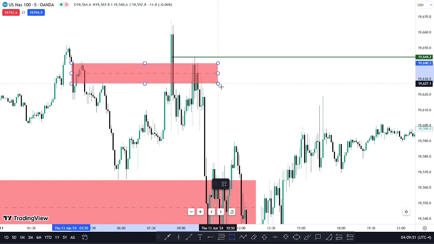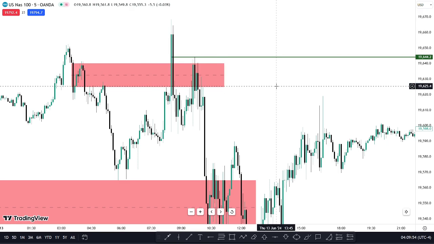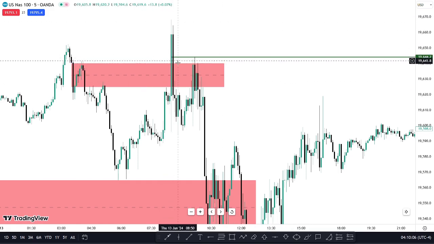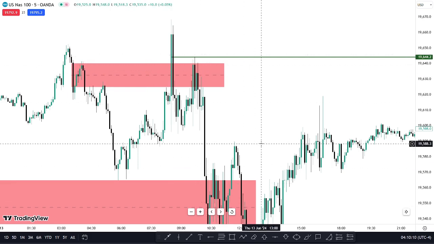Utilizing this fair value gap again, reusing this fair value gap. But guys, I wouldn't say what this is, because this is outside the models that I've established for you. But I liked the part that we had the consequent encroachment here, and then you could have gotten your entry.